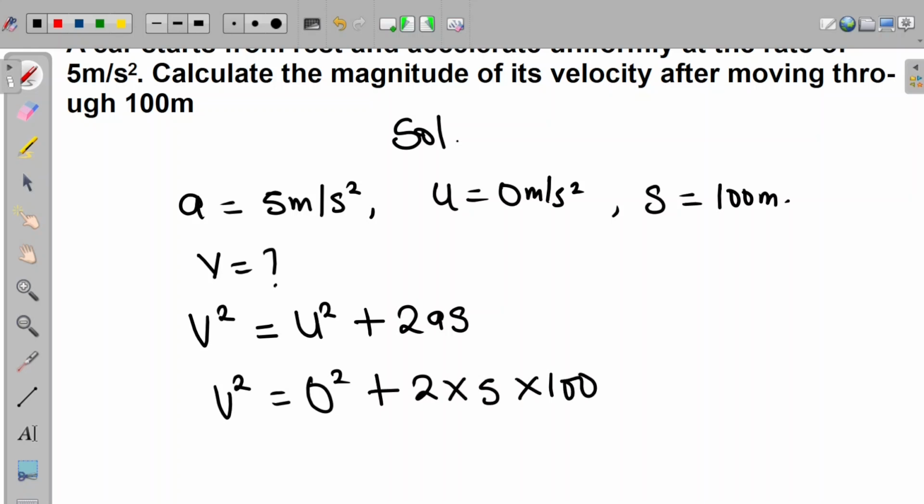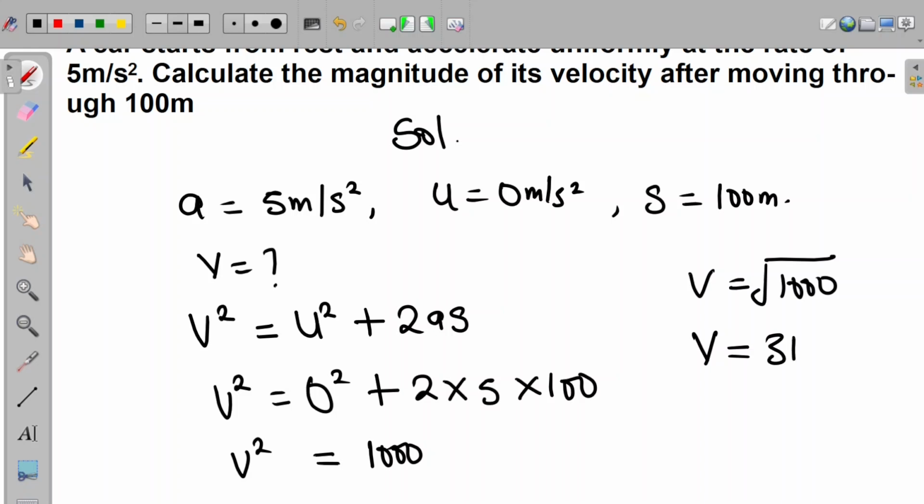So 2 times 5 is 10. 10 times 100 is 1000. So we have that v squared is equal to 1000. So to obtain the value of v, we can take the root of both sides. So v is equal to root of 1000. So v is equal to 31.62 meters per second.